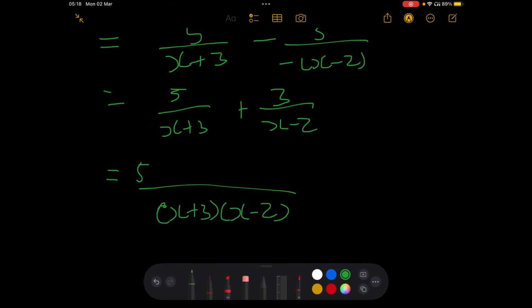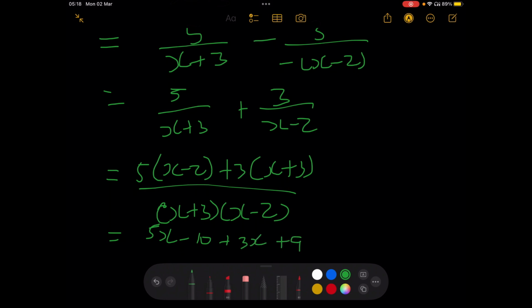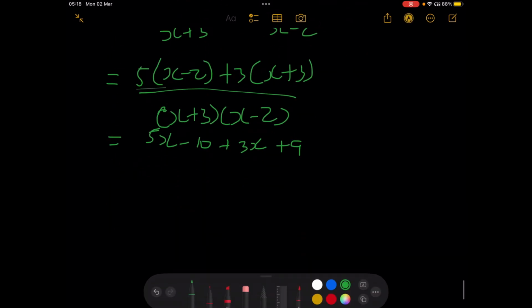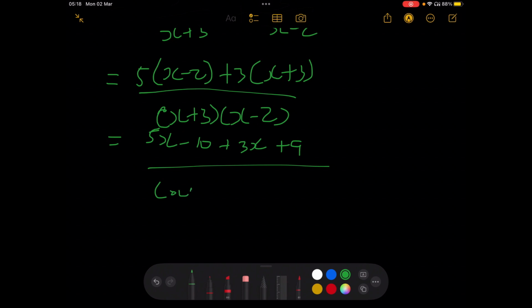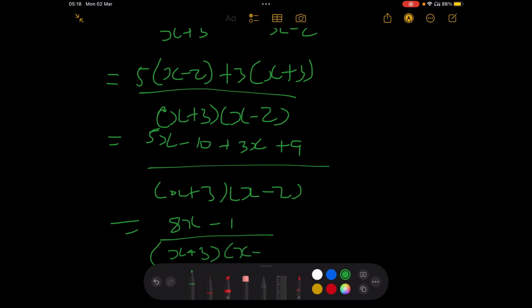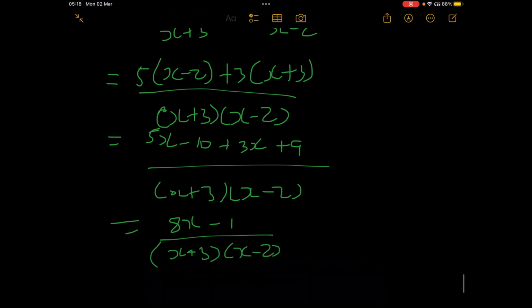When you do that, you get 5 into x minus 2 plus 3 multiplied by x plus 3. Simplify that, you get 5x minus 10 plus 3x plus 9, all over x plus 3 times x minus 2, which equals 8x minus 1 over x plus 3 times x minus 2. Then we're done.